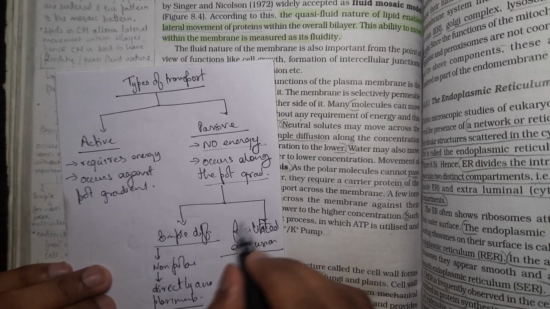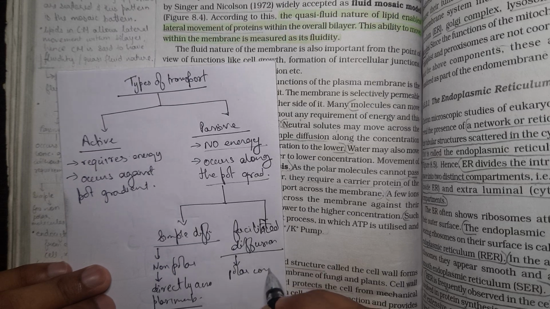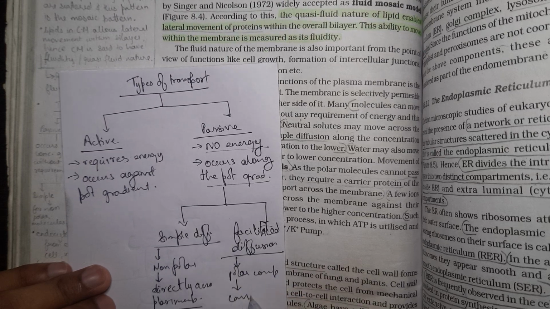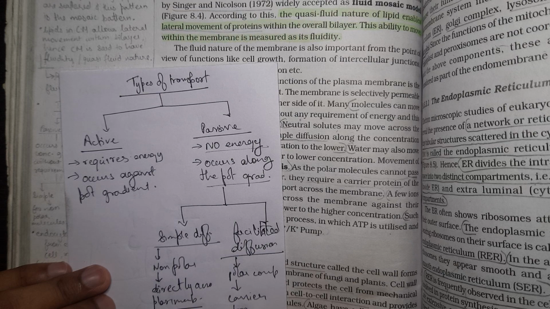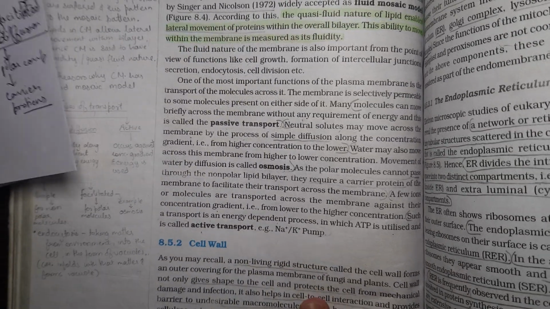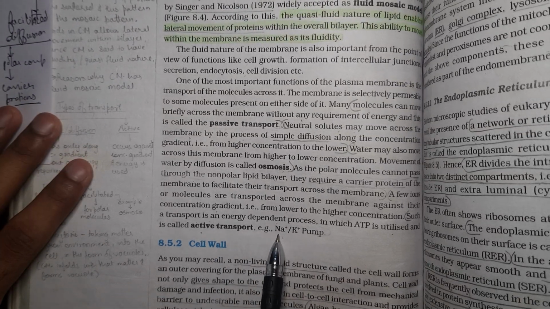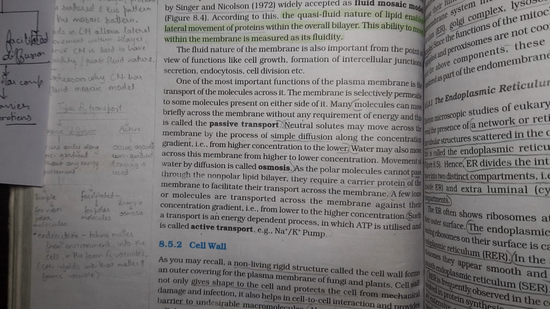But what about facilitated diffusion? It is for polar compounds and it needs carrier proteins for transport across the cell membrane. An example of active transport is the sodium and potassium ion pumps.